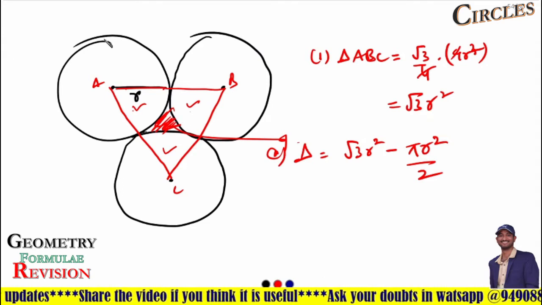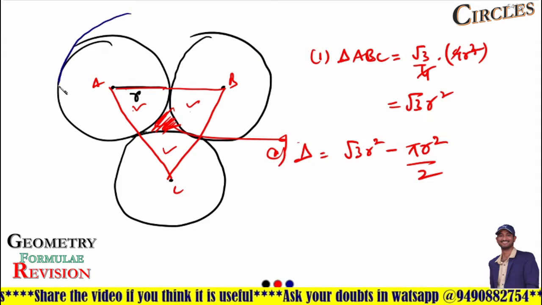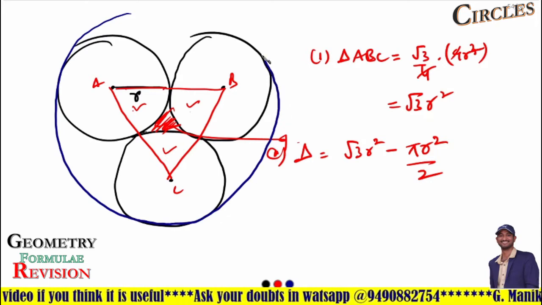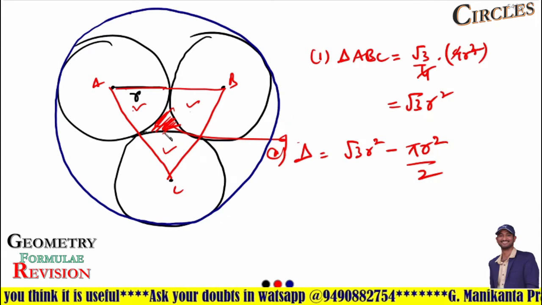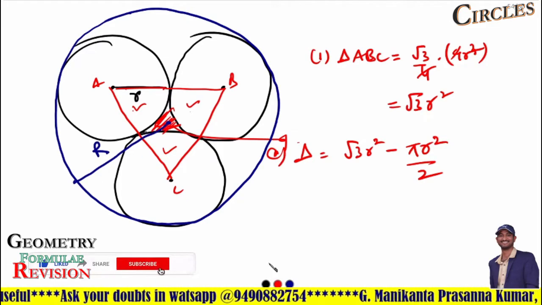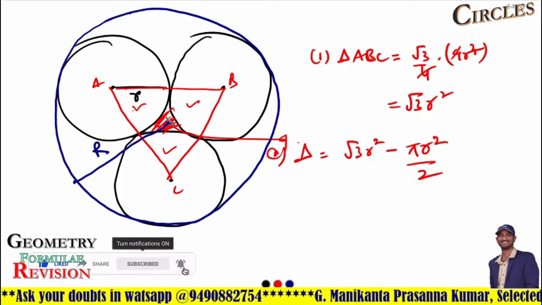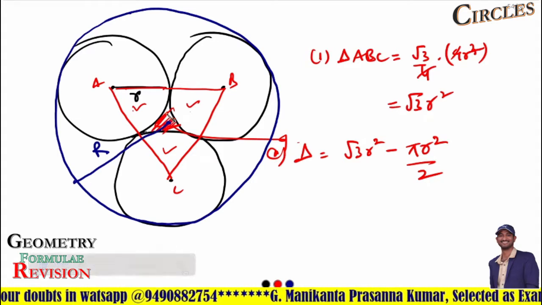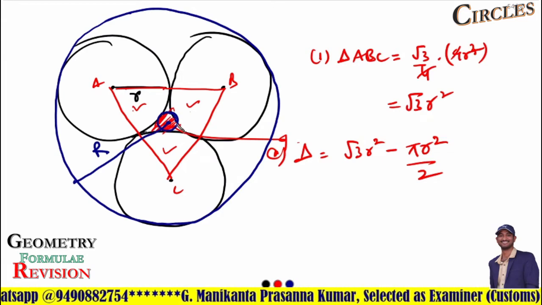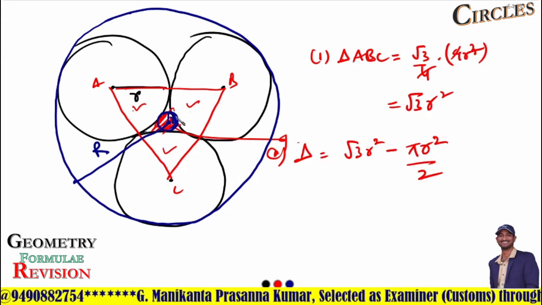Next, what is the radius of this circle which bounds all the given circles, or which touches all the circles internally? Suppose this is capital R. Similarly, what is the radius of the circle which touches the given circles externally? The inner circle is smaller.